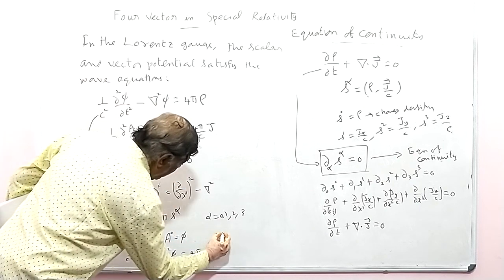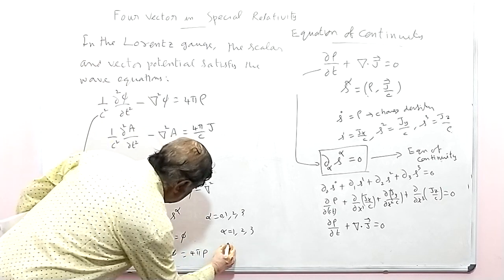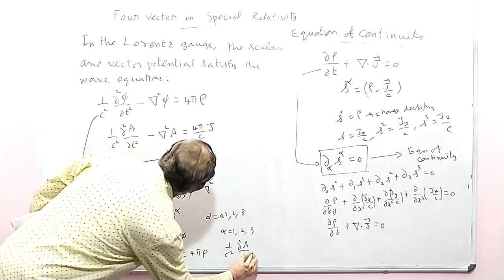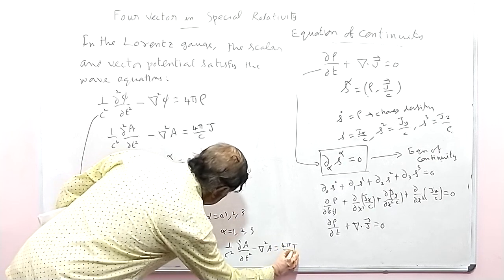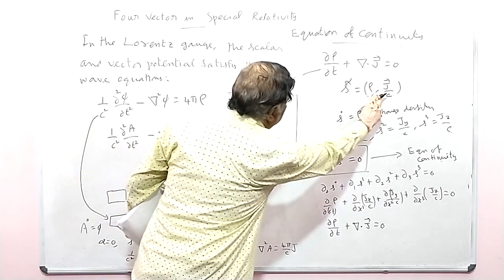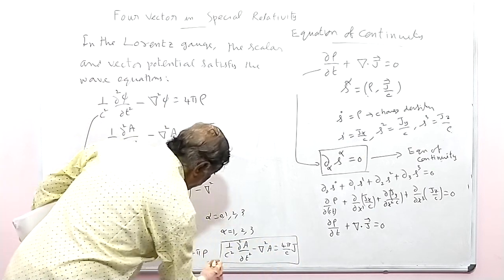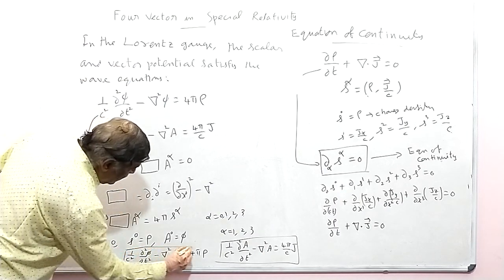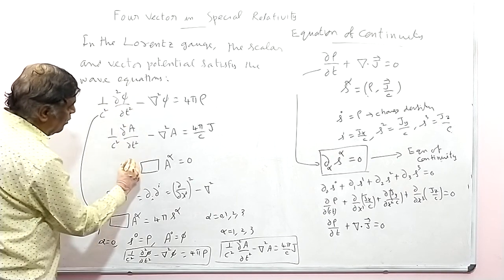If you put alpha equal to 1, 2, 3, you will get the second expression, 1 by C square d square A by dt square minus del square A is equal to 4 pi by C J, because S alpha for 1, 2, 3 is J by C. So if you put alpha equal to 1, 2, 3, you will get this expression, and if you put alpha equal to 0, you will get the other expression.